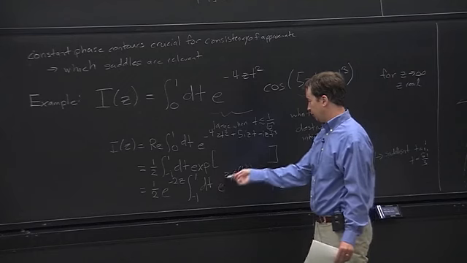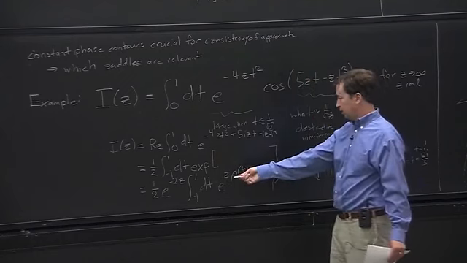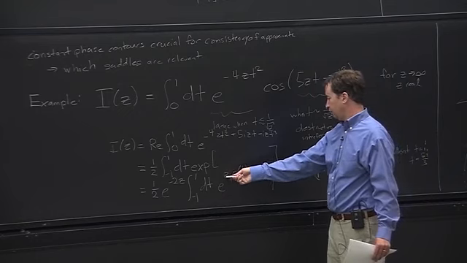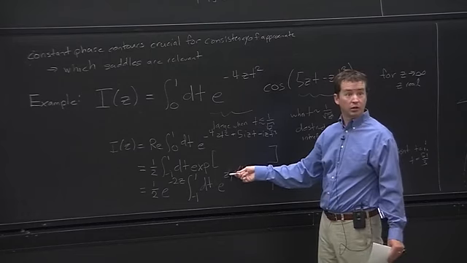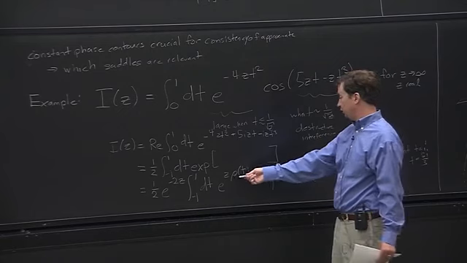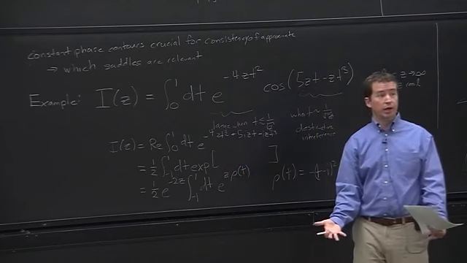So the magnitude will be controlled by the real part of z times rho, which, if z has a phase, is not the same as the real part of rho. So as we change the phase of z, we're changing the contours.